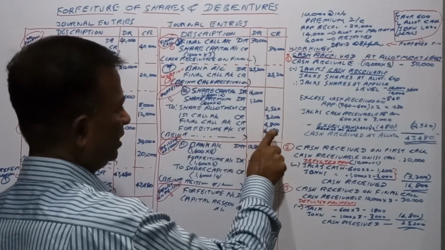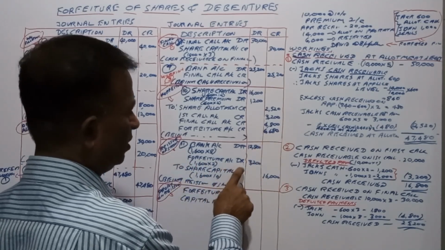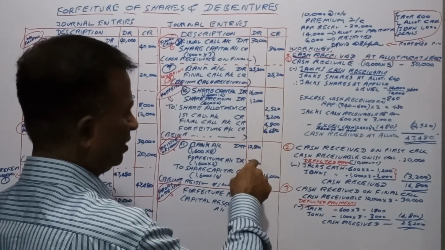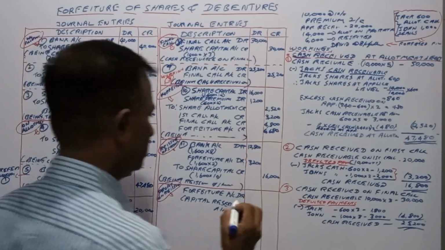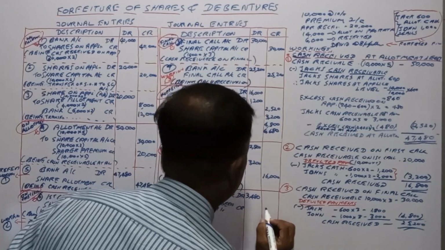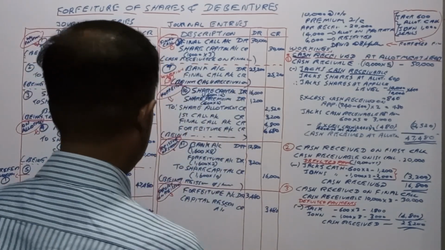The difference is the profit, that is 3,480. 3,480 is the profit.